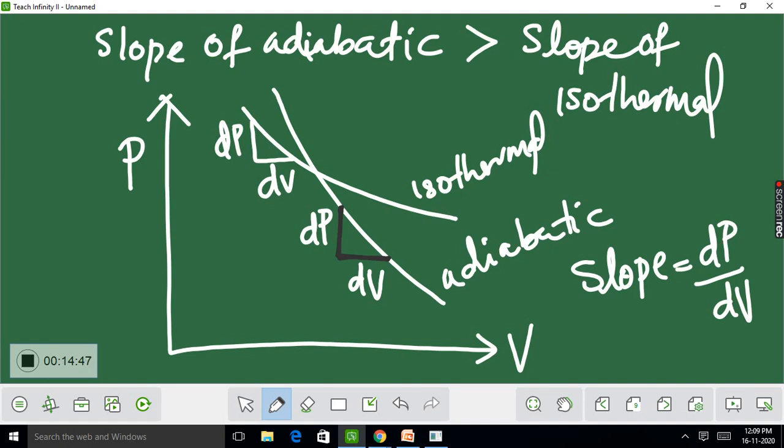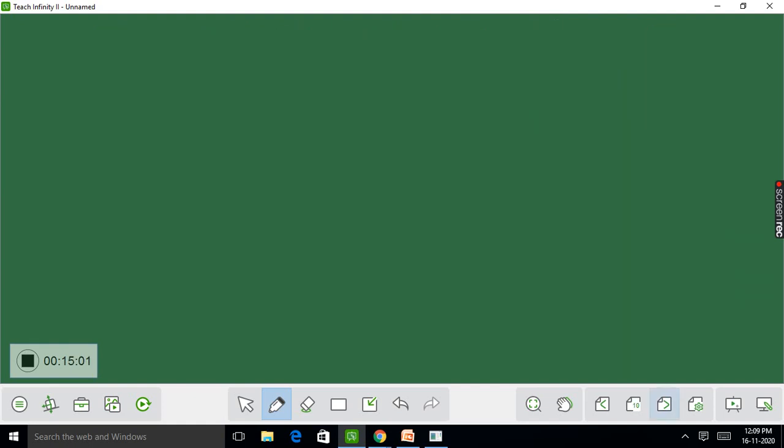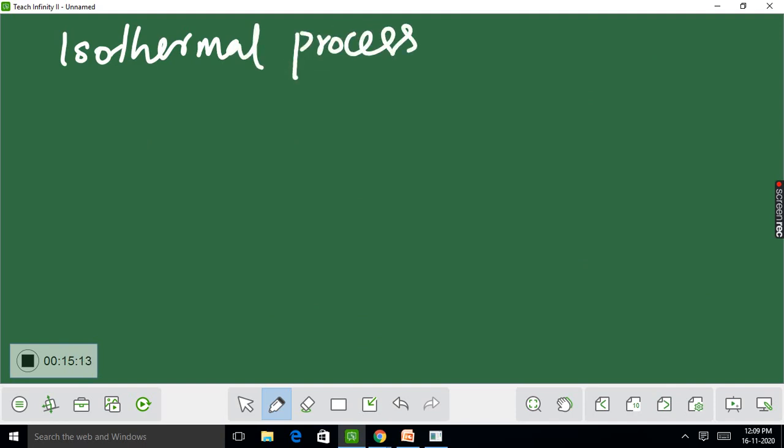Now we have to show that the slope, or dP by dV, of adiabatic process is greater than the slope of isothermal PV diagram. For an isothermal process, we have PV equal to a constant. This is the equation for an isothermal process.